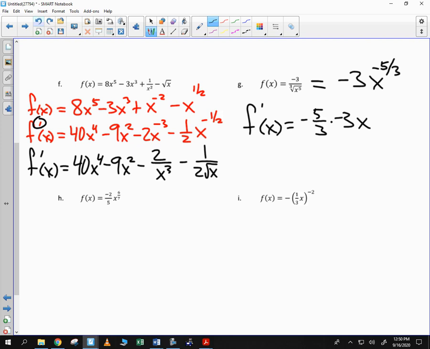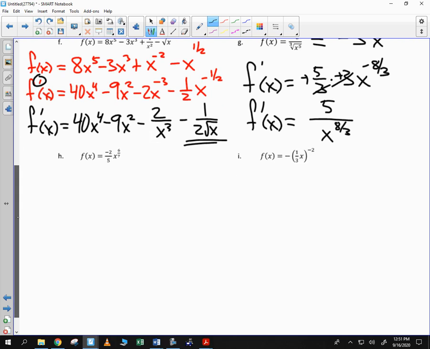So negative 5/3 minus 3/3 is negative 8/3. So f prime of x is, notice the 3's will cancel, the negatives cancel, and we get 5 over x to the 8/3. I would encourage you, if I have the square root of x, I always write it like that in the denominator. But otherwise, I tend to write it using a rational exponent. A lot of times, it's the easier way of just keeping track of it.